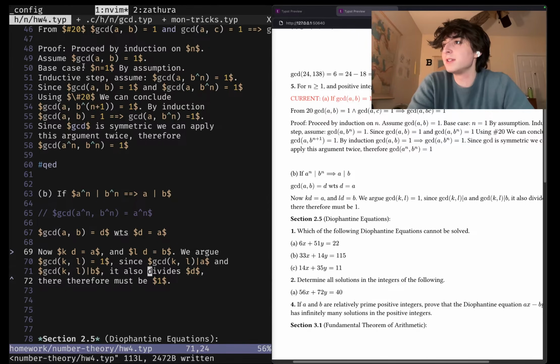It's not immediately clear why this GCD should be equal to 1. The GCD of K and L multiplied by D has to divide both A and B, and therefore it has to divide the GCD of those numbers, namely D.